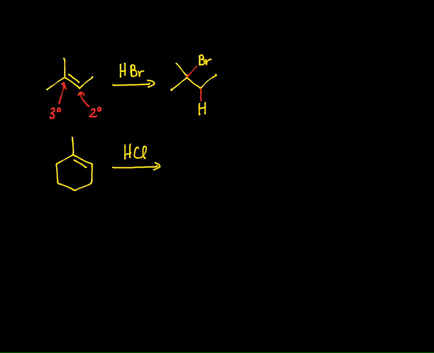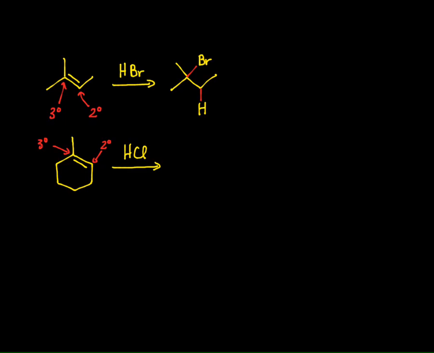Likewise, I can look at an example like this. Here I have 1-methylcyclohexene. If I react 1-methylcyclohexene with HCl, again, looking at the alkene carbons, this one would produce a tertiary carbocation. The one on the right would produce a secondary carbocation.